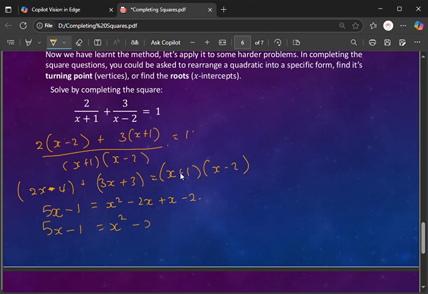And then we combine these to equate it to 0. So combined, we have x squared. Take the left to the right. Remember, it is crossing the equal sign. So we shall have that, and then we have negative 6x minus 1 equals 0. Now this is what we have, and this is what you will work with.